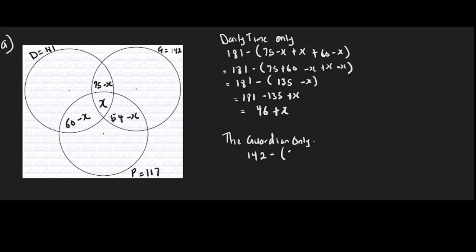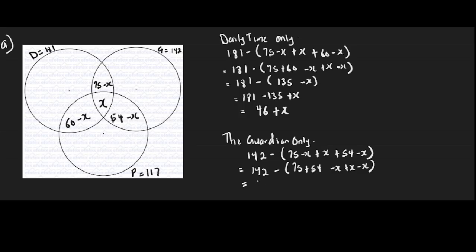That's going to be 75 minus x plus x plus 54 minus x. Here it is going to be 142 minus, 75 plus 54 minus x plus x minus x.